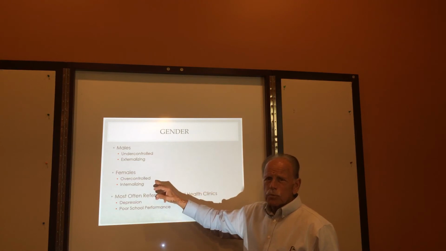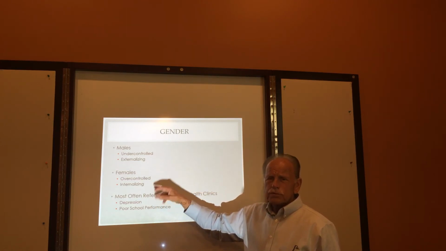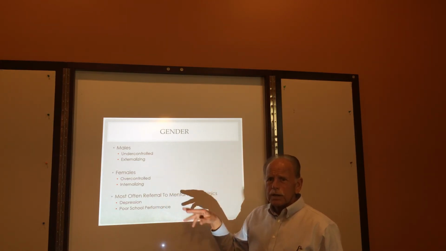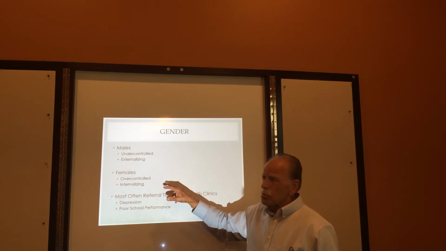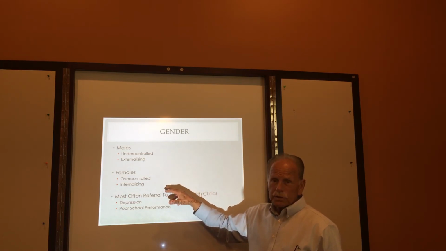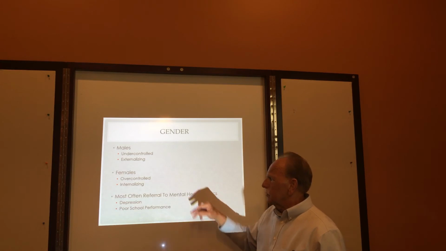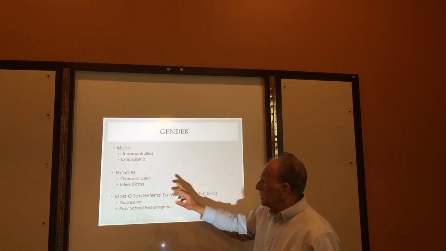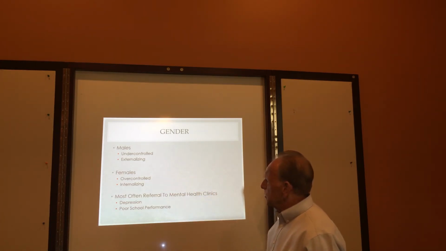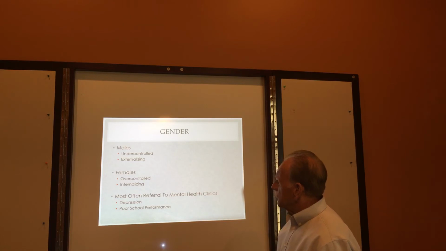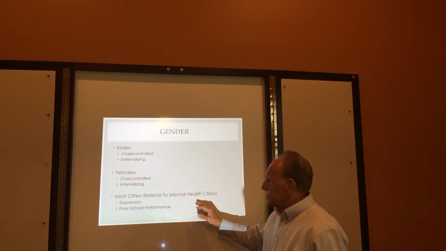Females, on the other hand, more over-controlled, depression, holding in, and that's why females are far more likely, and I'll cover this also in a later section, far more likely to attempt suicide because the depressive state is correlated to suicide.